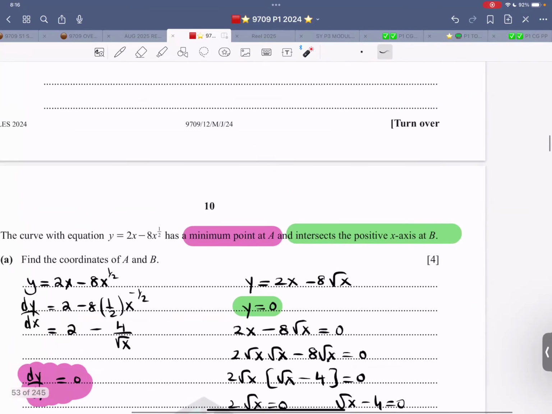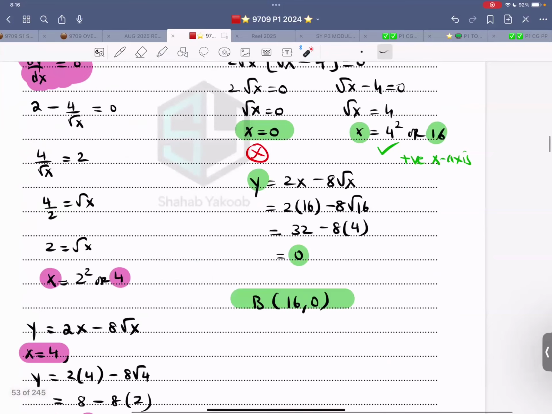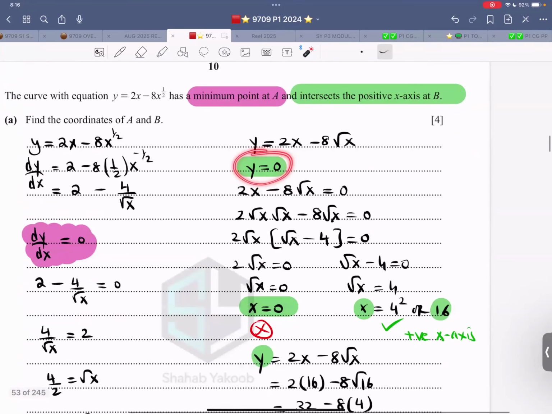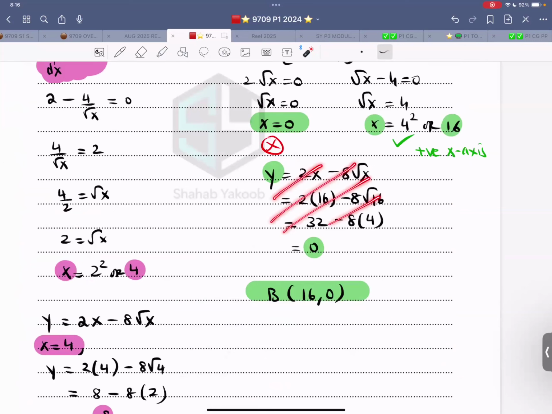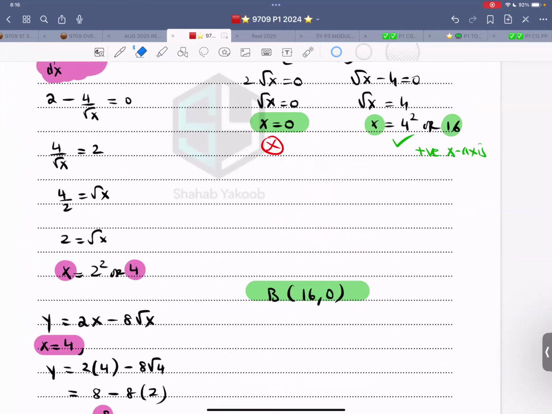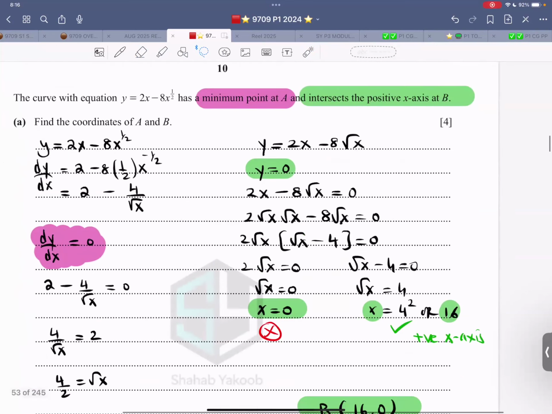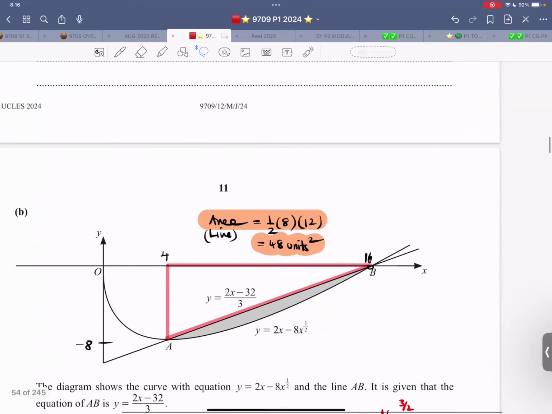That is the answer for this. I don't know why I calculated y, because y was already 0, so there was no need of this. All good, so let me just erase this. Sometimes you are in a hurry and you do something that is not even required. Okay, so B is 16, 0 for 4 marks.